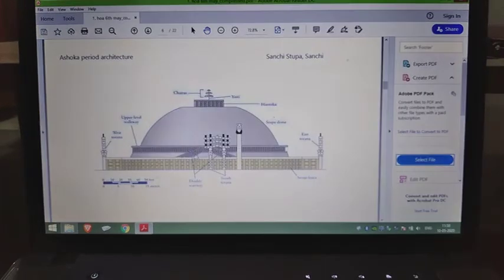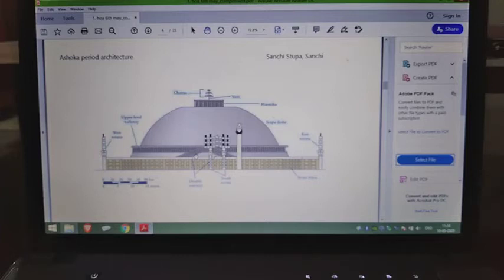And this is just a very simple example of what a stupa looks like. What Sanchi Stupa looks like. So it is just a semicircular mound, with 2 levels of circumambulation, which is 2 walkways.